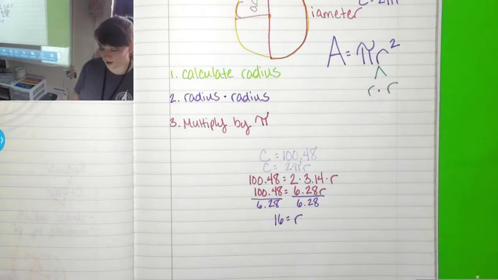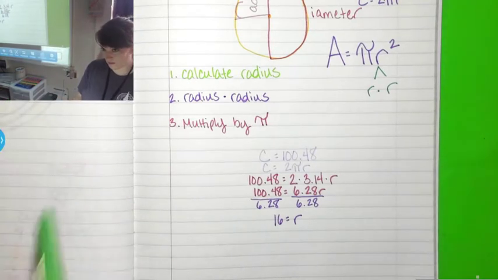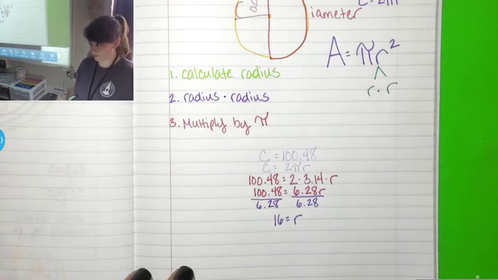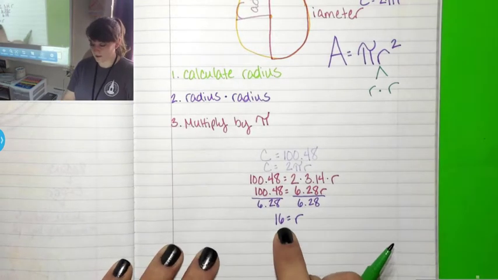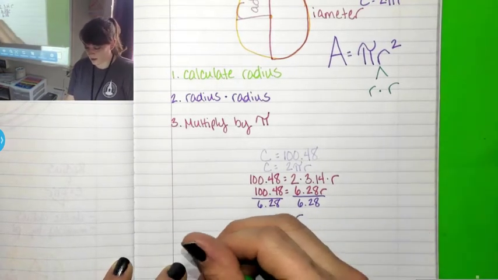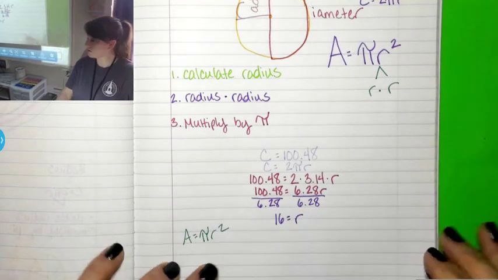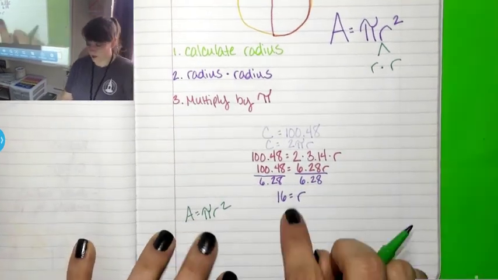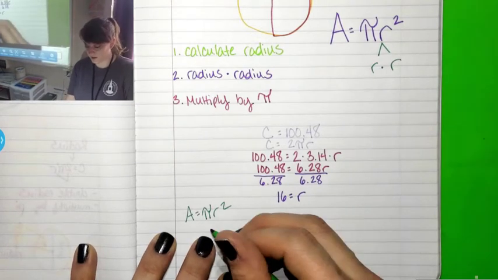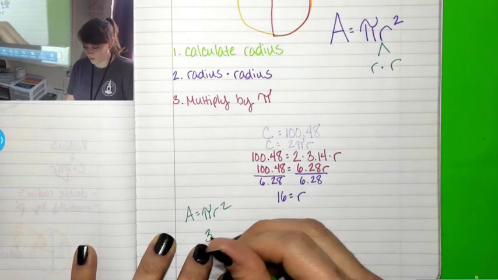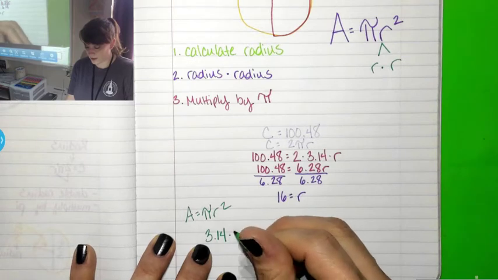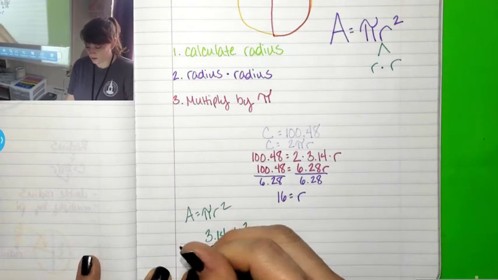Now can you find the area? What do you use to find area? Yep. So now that you have this, we're going to use the formula A equals pi r squared, where radius is 16. So it's going to be 3.14 times 16 squared.